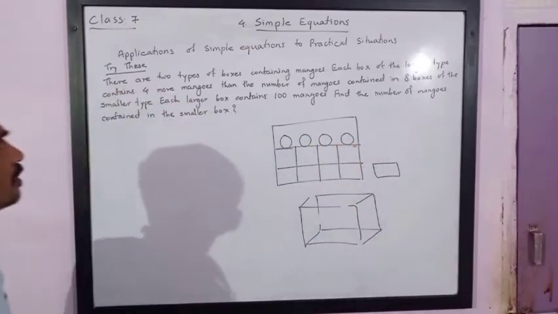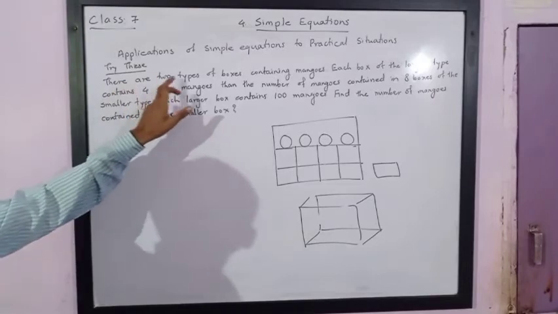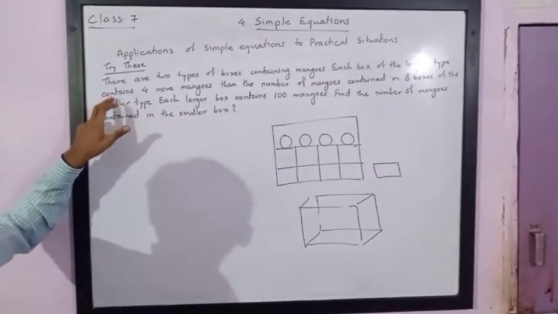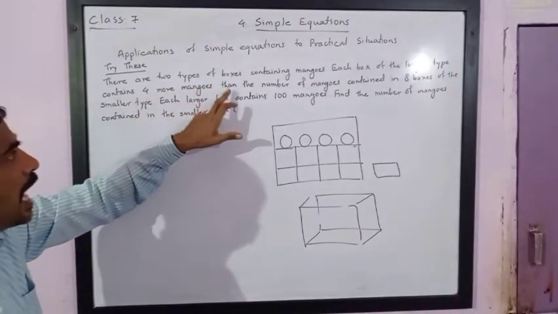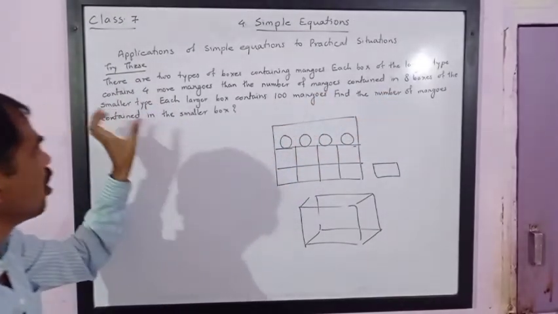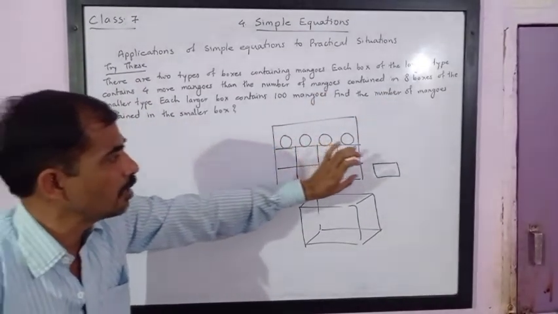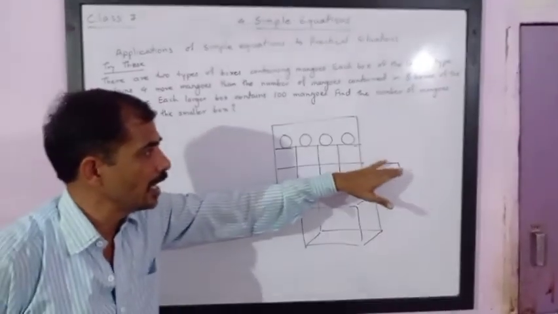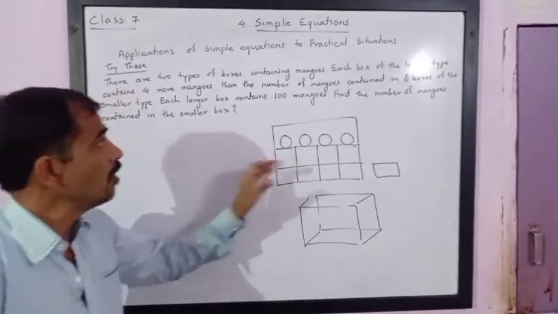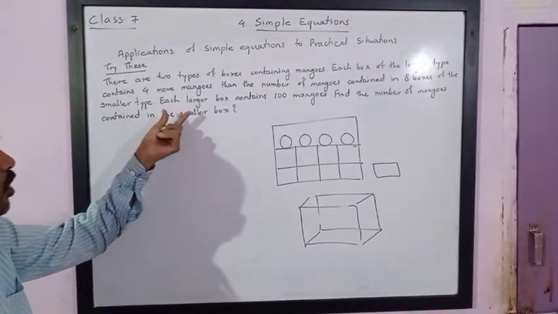So it contains the mangoes in the 8 smaller boxes, plus 4 more mangoes. Now let us see what is given further.